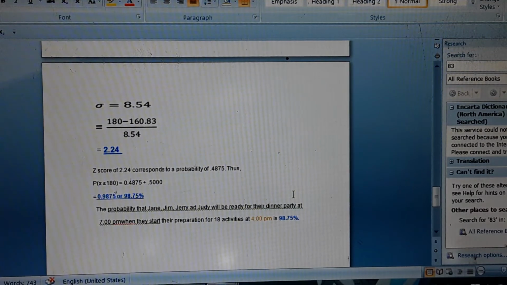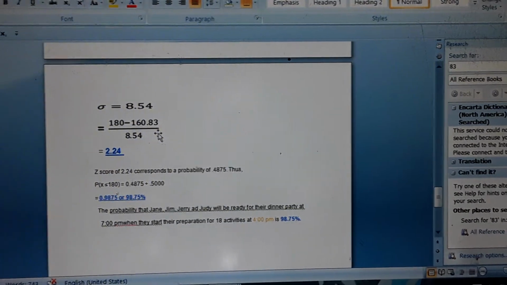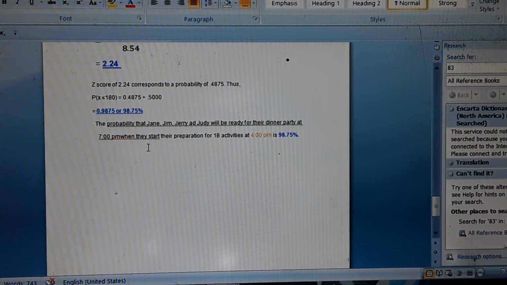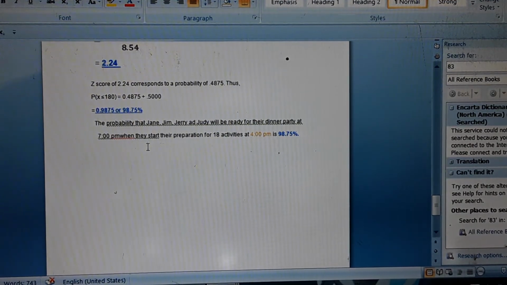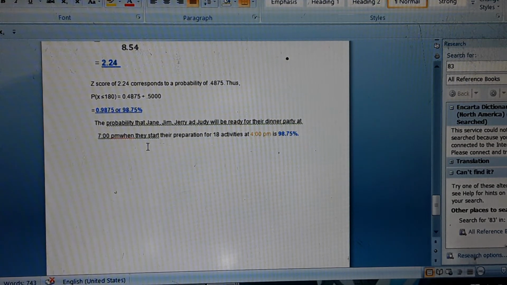So, the 180 and 160, we need to divide by 8.54, the total standard deviation, to get 2.24. To get 180, the 3 hours, we multiply by 60 minutes, which is 180.